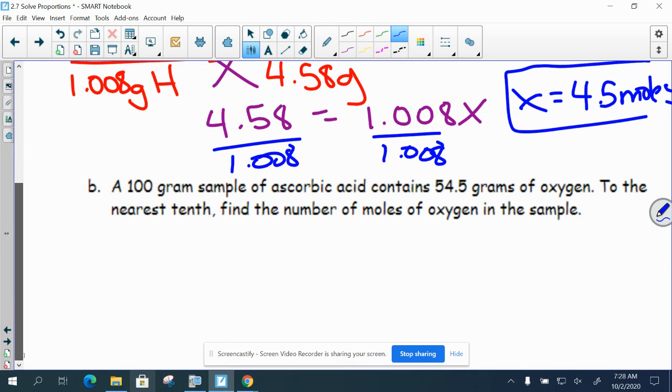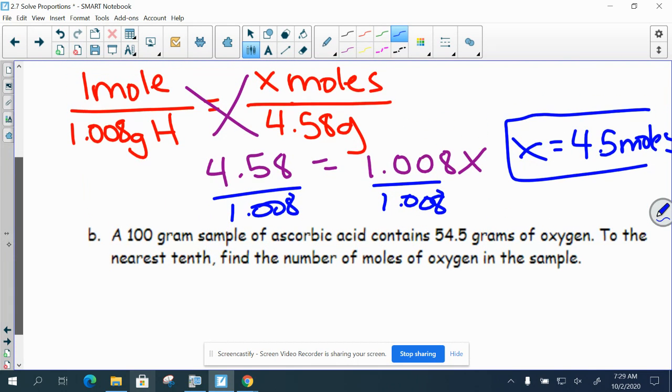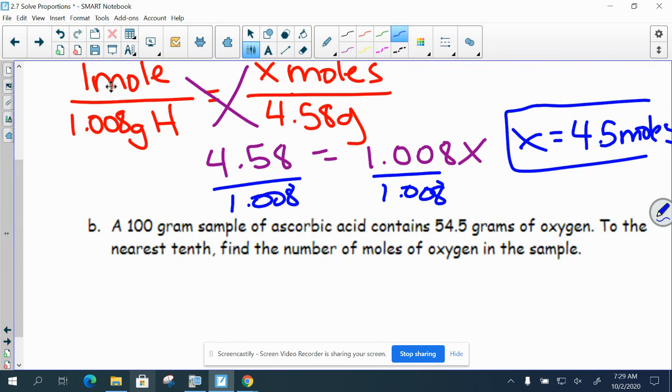All right, how about this one? So again, it contains 45.5 grams of oxygen. To the nearest tenth, find the number of moles of oxygen in the sample. So we're going to set up our proportion the same way. So 1 mole over 1.00, wait a minute, hold on a second. 1 mole, we're using oxygen here.